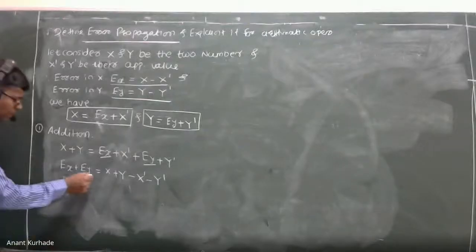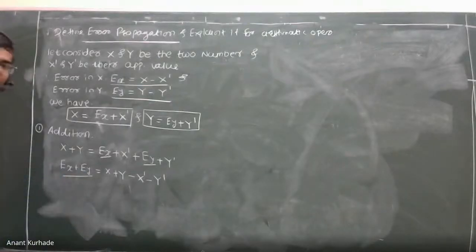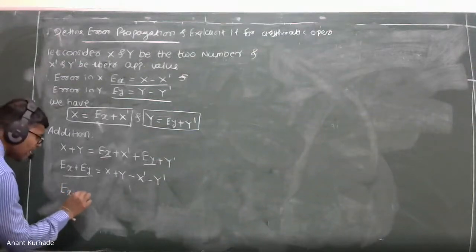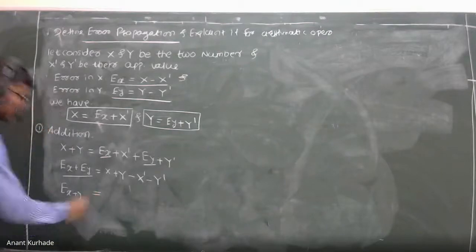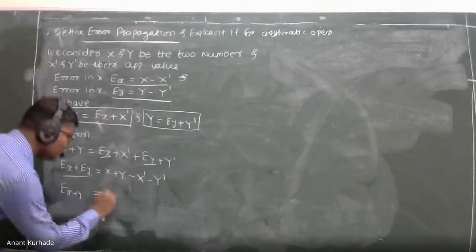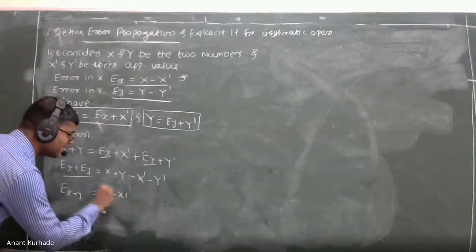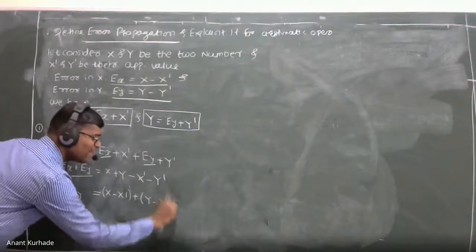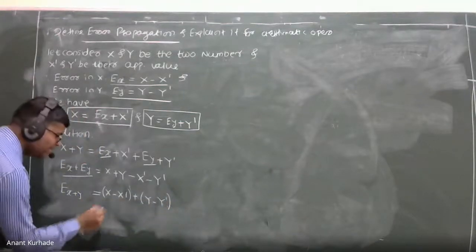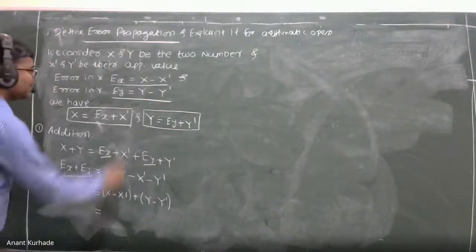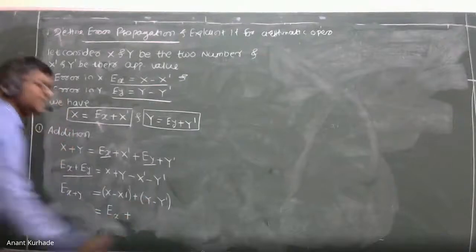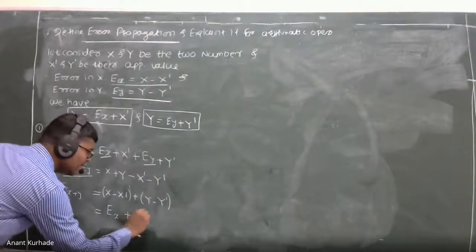Yes, sir. Okay. Now this is the error in addition. You can write EX plus Y is equal to, here we have x minus x dash plus y minus y dash. What does x minus x dash mean? x minus x dash means EX, plus y minus y dash means EY.